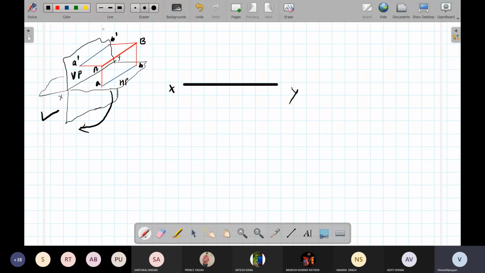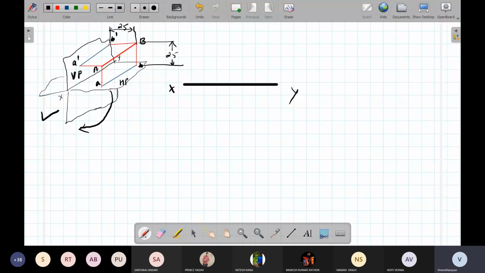Remember, it's given that the line is 25 mm above HP. That means this height, this is 25, and also it is 25 mm in front of vertical plane. So this also 25.